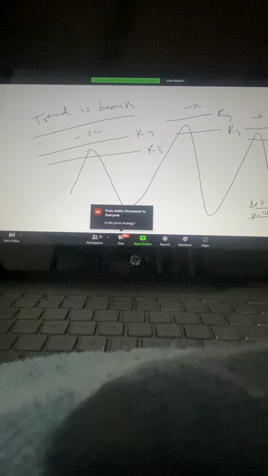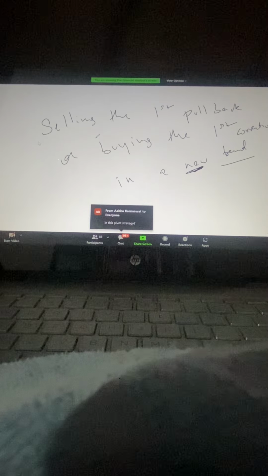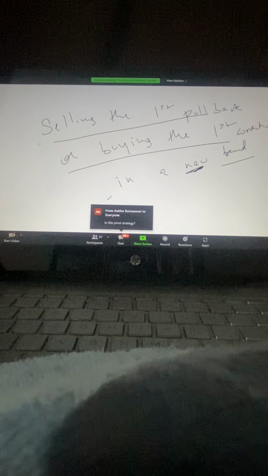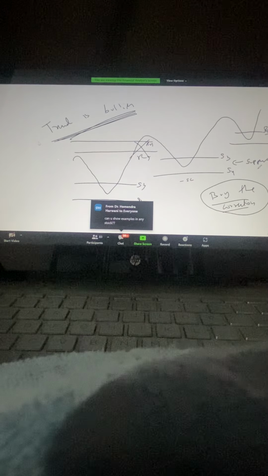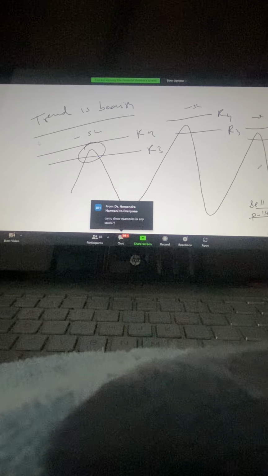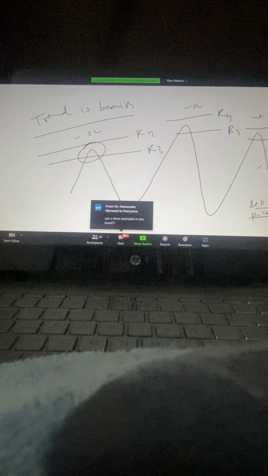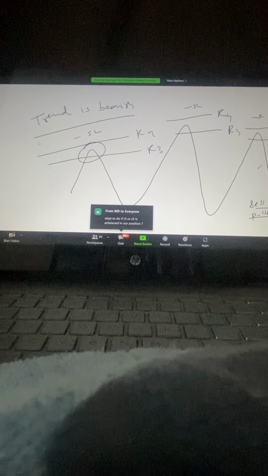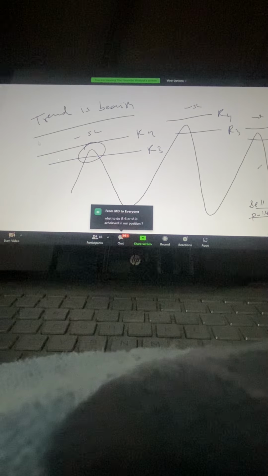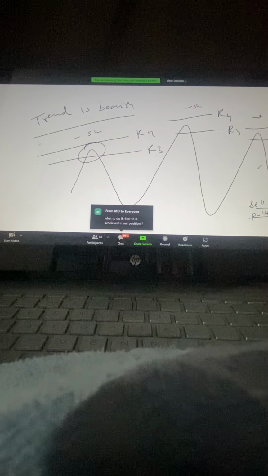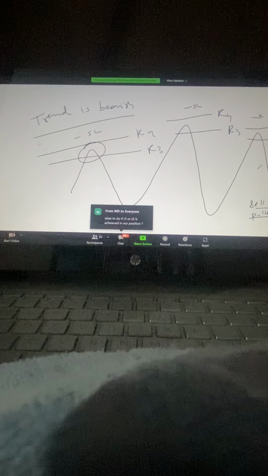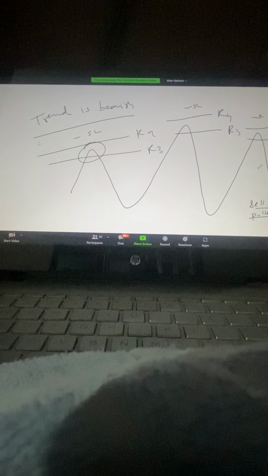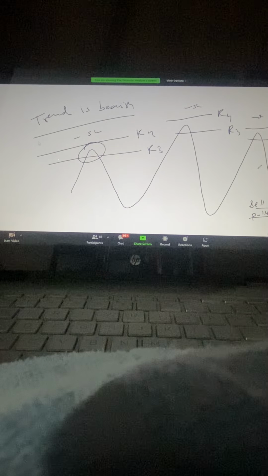If you're selling the first pullback, then that is our first strategy, which is very powerful. Okay. So it doesn't mean you cannot sell the second pullback or you cannot buy the second correction or third correction. You can do that. Okay. But remember, it won't be that accurate. Okay. It will be good. It will give you an accuracy of 60 to 70%. But first correction, first pullback will give you an accuracy of close to 70%.